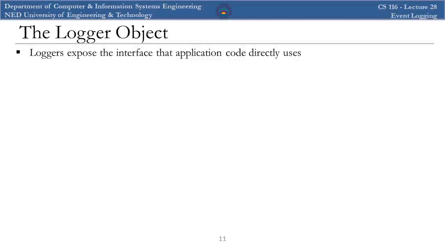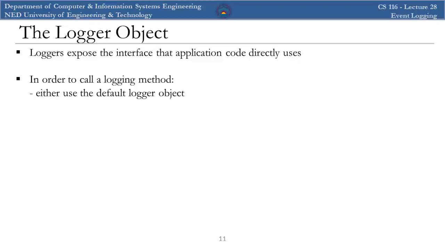So how can you get this logger object? There are two ways. If you are not creating your own logger object, then this logging module creates a default object, and you can use that default object and call every method that you want. And that default object is named root.